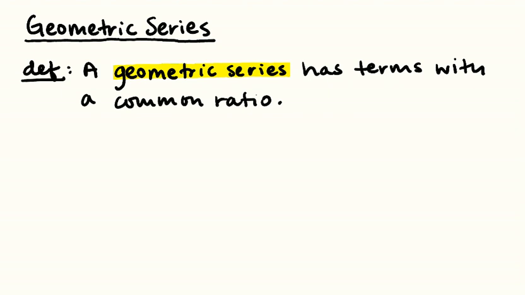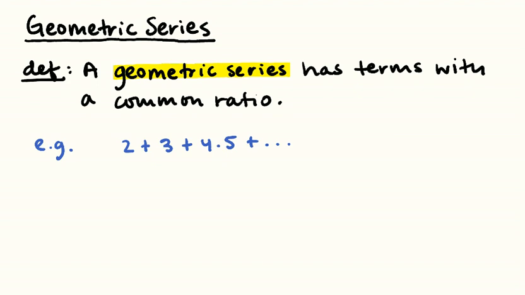So I'll just write down a couple of examples. Okay, so 2 plus 3 plus 4.5 plus, okay, I can't really think of what the next one would be. Maybe 6 3/4. I'm not sure. I don't want to write the wrong thing down. Okay, so I'll just say it like this.